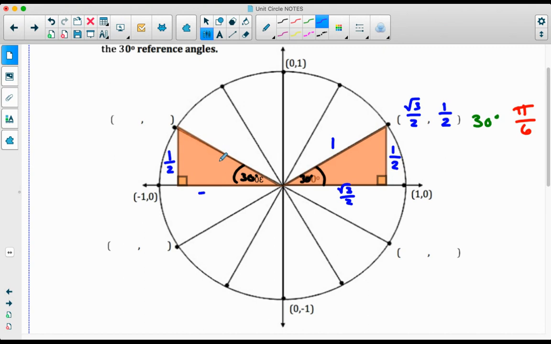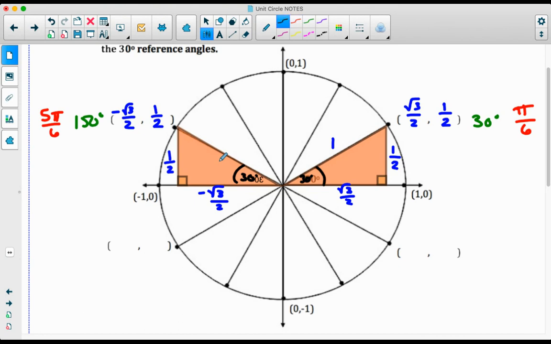We're going across the x-axis as we did with the 45, 45, 90. It is now the negative direction. So our coordinate is negative root 3 over 2 and positive 1/2. What is the angle in quadrant 2 that generates a 30-degree reference angle? That is 150 degrees. And in radians, that angle is equivalent to 5 pi over 6.